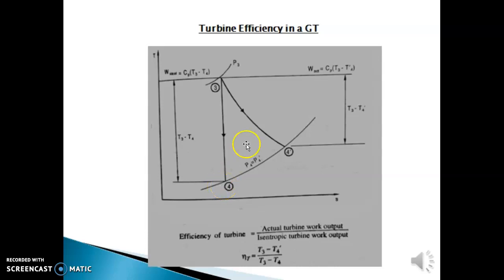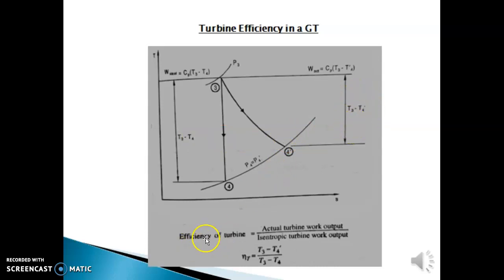So, similar to actual work, we can also find the isentropic or ideal work produced in the turbine, which will be Cp into the temperature difference T3 minus T4. Therefore, W ideal or W isentropic is Cp into T3 minus T4, where T3 minus T4 is the isentropic temperature drop, and T3 minus T4 dash is the actual temperature drop.